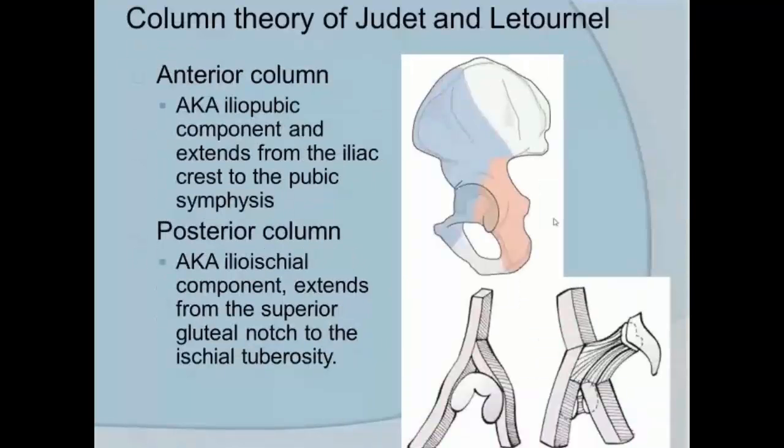Again, the anterior column, also known as the iliopubic component, the one in the violet shade, this whole area is the anterior column, and the orangish one is the posterior column, also known as the ilioischial component, which extends from the superior gluteal notch up to the ischial tuberosity.